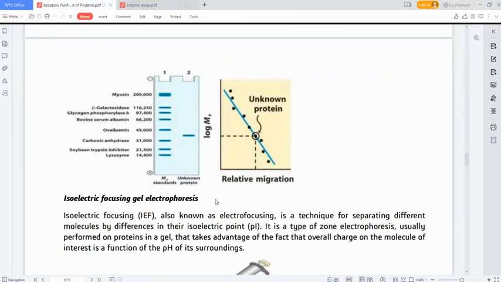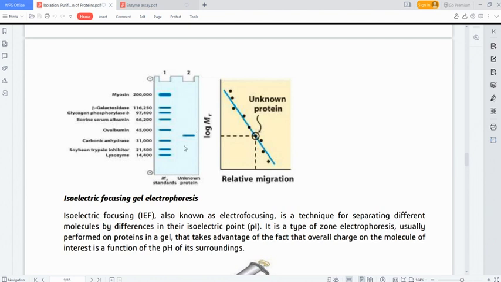Now, how do we know the weight of the protein of interest? It is a very simple experiment. You get proteins of known weight and separate them alongside your protein of unknown weight.